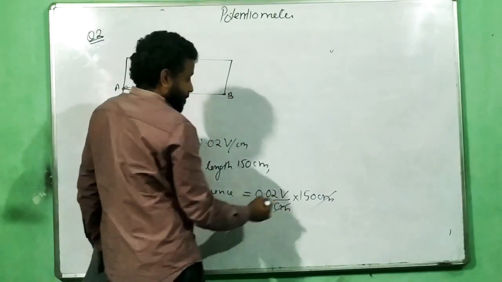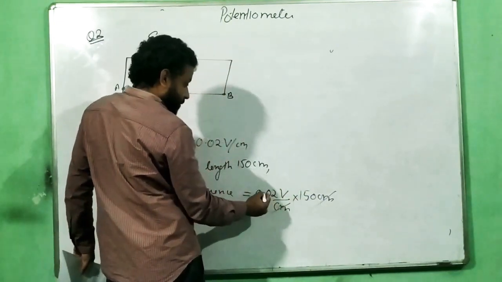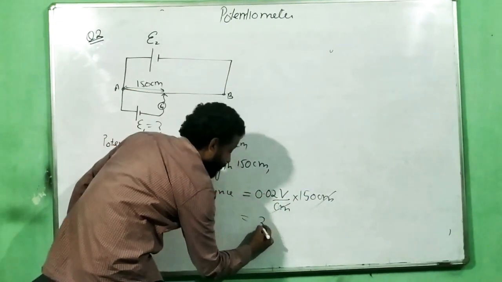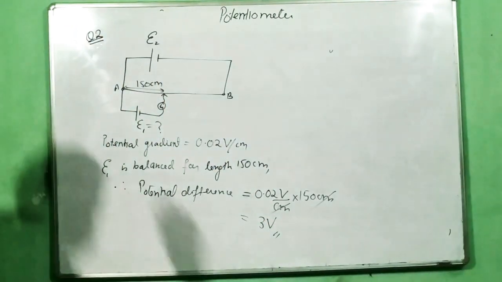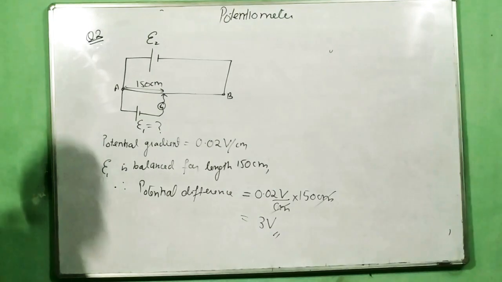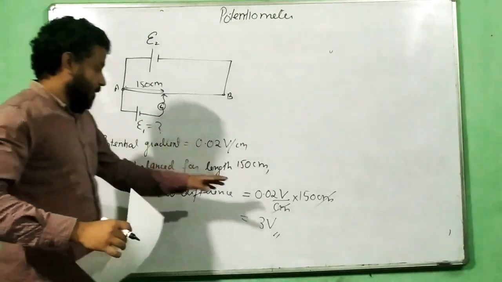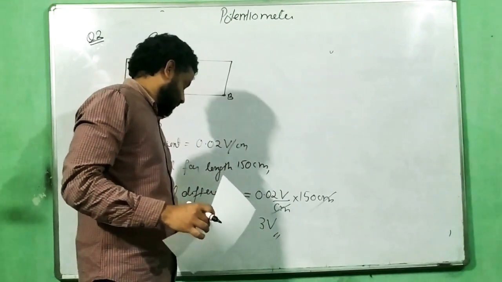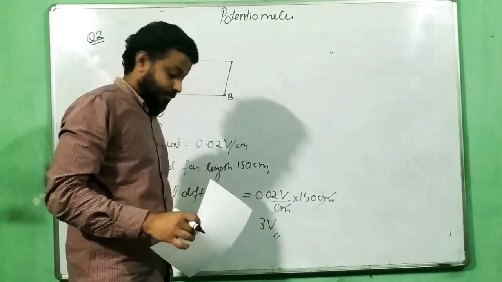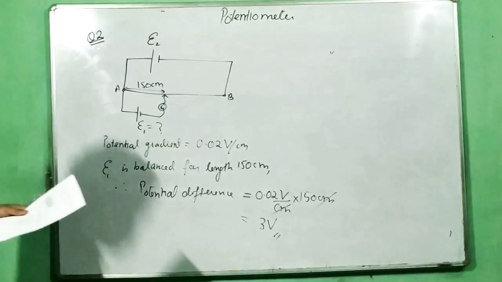Centimeter goes out, and this will become how much? 300 by 100, that is 3 volts. Let's check the calculation. I hope it's correct. So the answer is 3 volt.